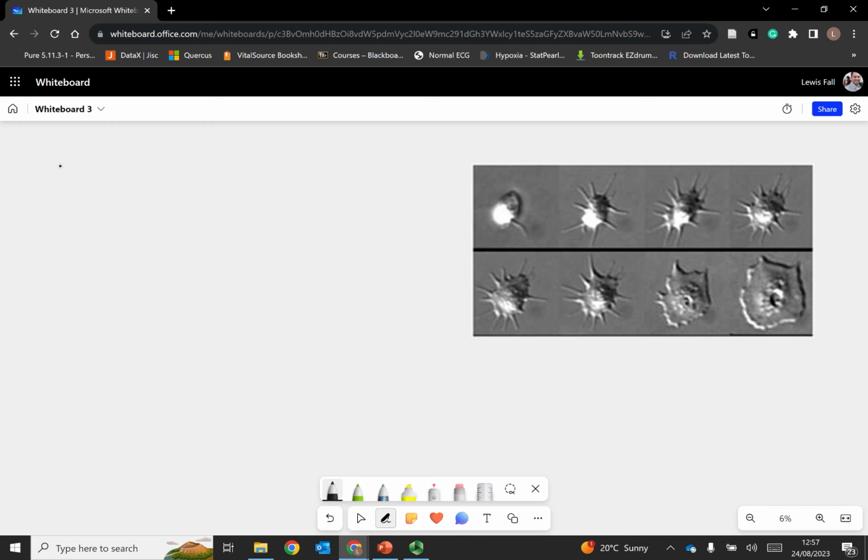If you remember what our platelets looked like originally, we called them discoid shapes. So they start off as a disc.